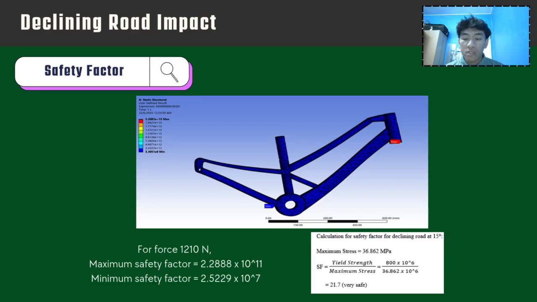The calculation for safety factor is yield strength divided by maximum stress, which is 800 times 10 to the power of 6 divided by 36.862 times 10 to the power of 6. So the result for the declining road impact is 21.7, and it's safe, same as the inclining and flat road.